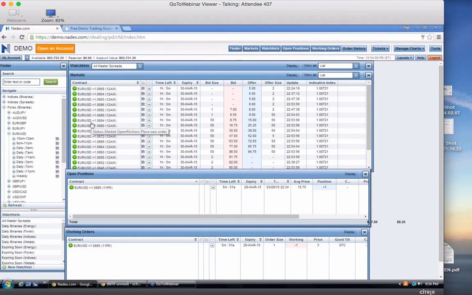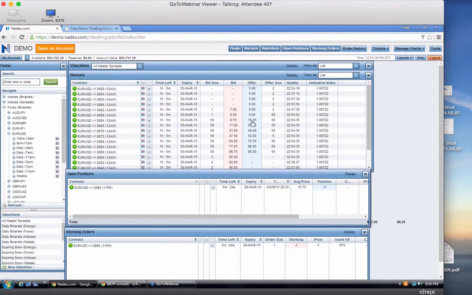So this option is going to expire in 1 hour and 5 minutes, and you're thinking that the Euro USD spot is going to finish higher than this price level. Right now it's trading a little under this price level, so we're kind of at a disadvantage.